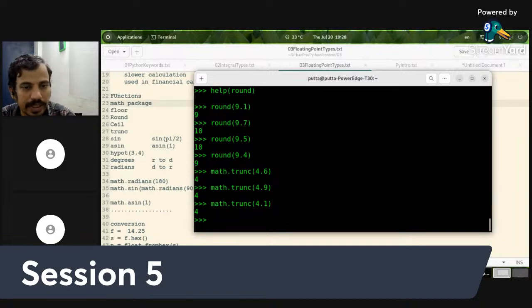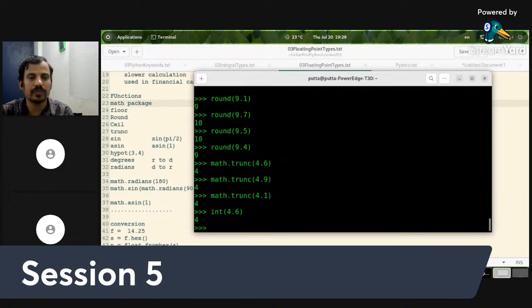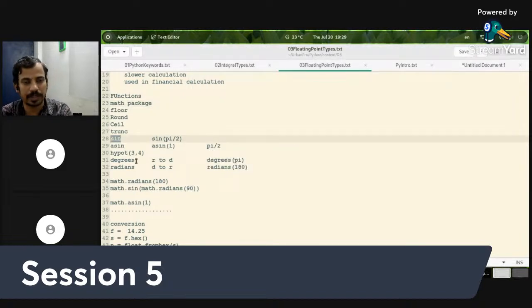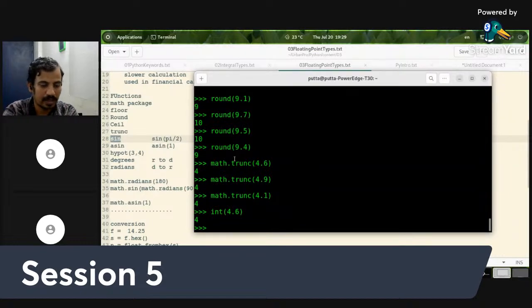That's why it's called the truncate function. It is going to remove your fractional part. This is the same as doing int of 4.6, which will also give you 4. Then you can perform your trigonometric operations.